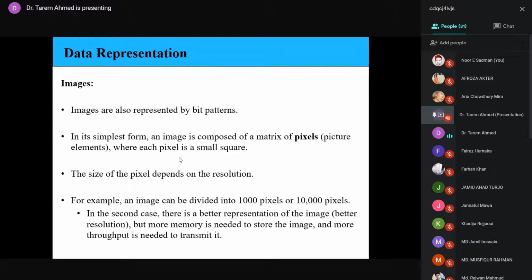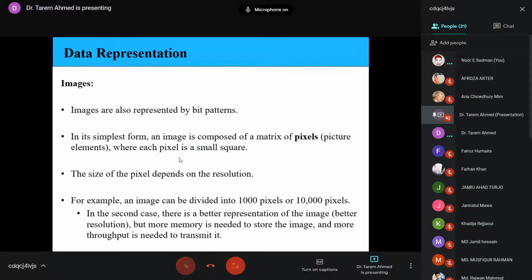Then each pixel is represented by an RGB value. Is everyone aware of that? The three primary colors, red, green, and blue, because using a combination of these three, you can make any shade. In the first images, each of R, G, and B was given 8 bits, so 2 to the 8, 256.